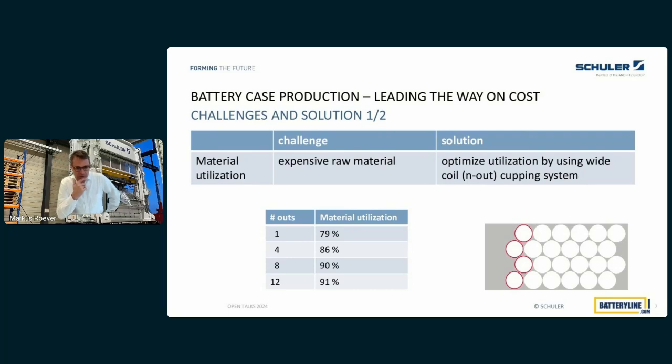What should be done here is to optimize the material utilization by using wider coils. I would suggest looking at what is the widest coil available in your market, and going for this coil width, because, and this is just the math behind it, the more blanks you place in the coil, the better the material utilization gets.